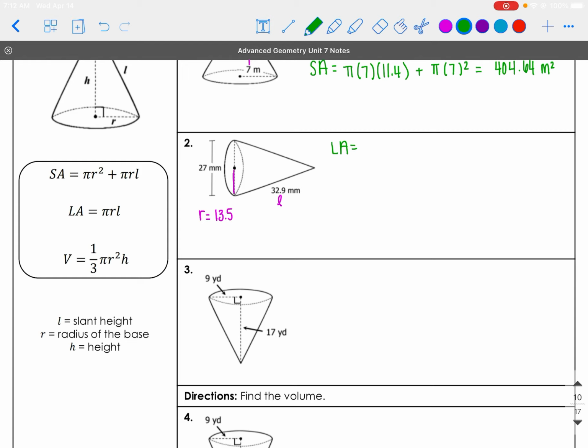Lateral area is pi times the radius times the slant height, which is 1,395.34 millimeters squared.